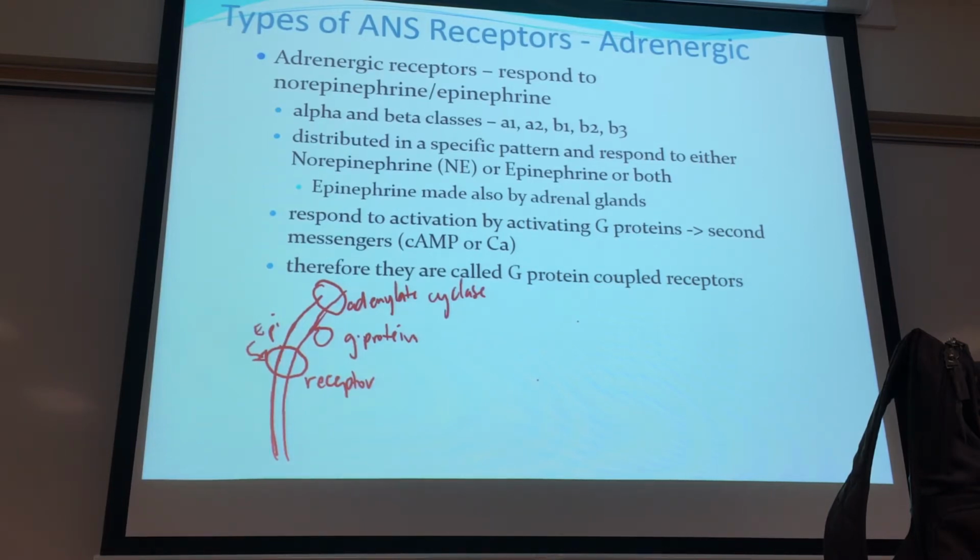And adenylate cyclase, when turned on by the G proteins after binding to epinephrine, will turn ATP into cyclic AMP.